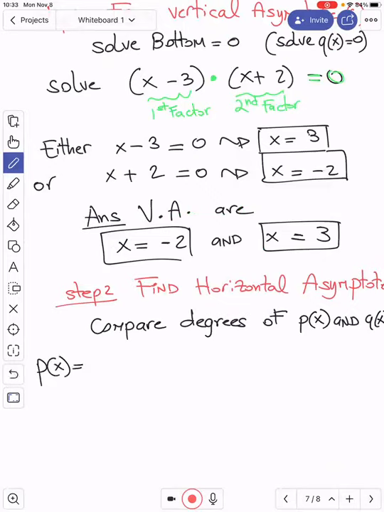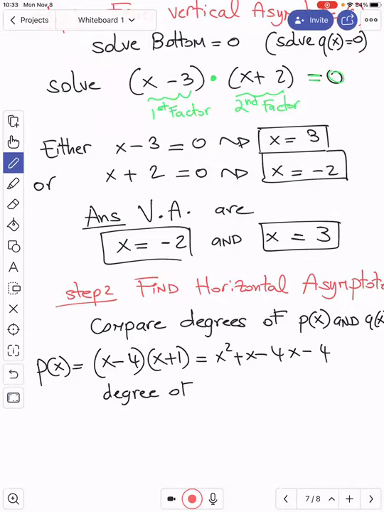Let me write it again here. We said P is x minus 4 times x plus 1, which is x squared plus x minus 4x, etc. So the degree of P is equal to 2, because this is the highest power of x.